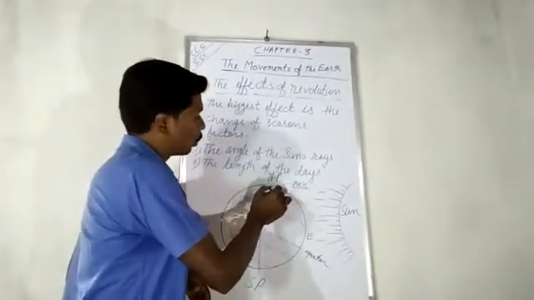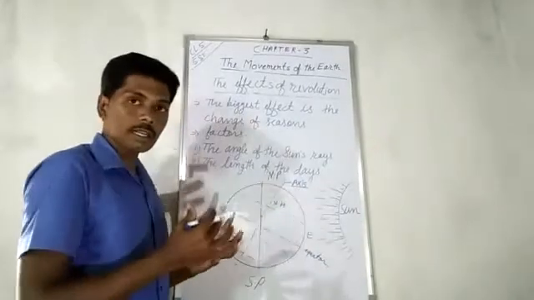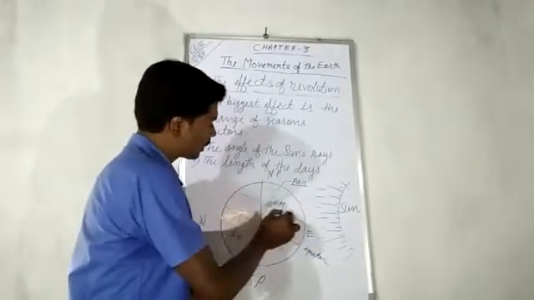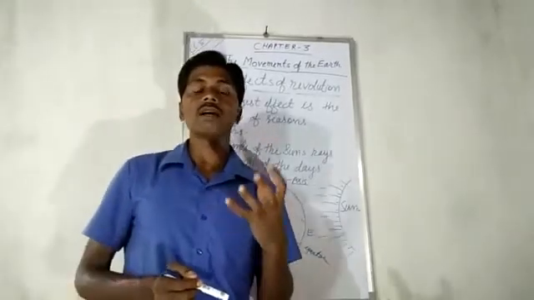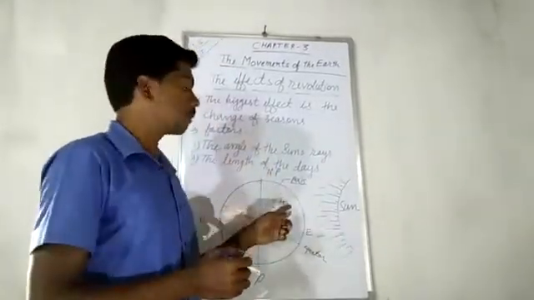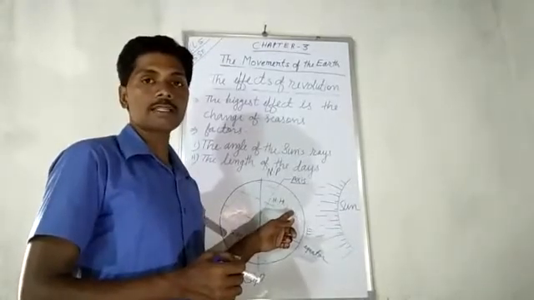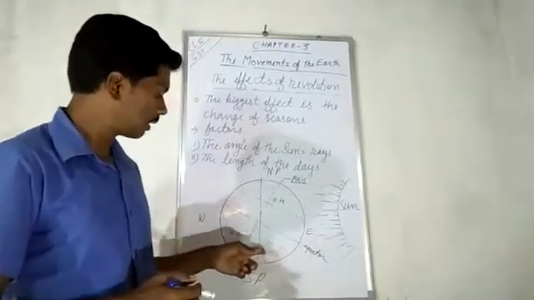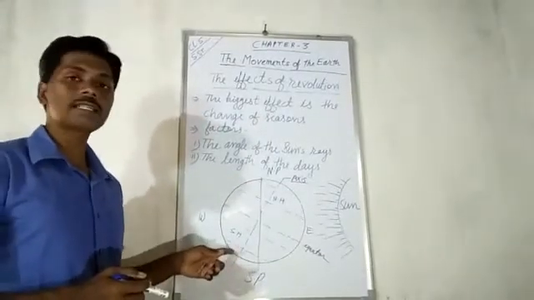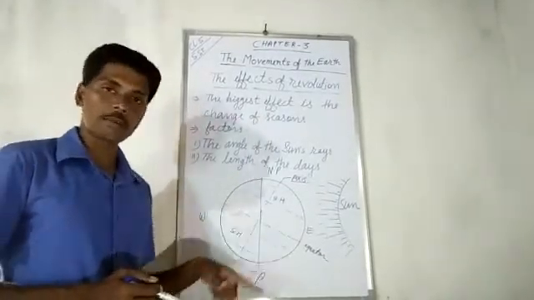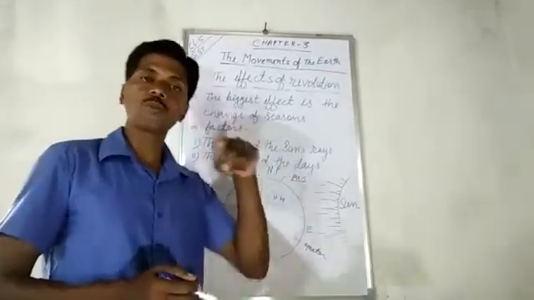This is the axis, so the axis is tilted. So the North Pole receives more sunlight. That means the northern hemisphere receives more sunlight and experiences summer. On the other hand, the South Pole receives less sunlight and experiences winter. Okay, this is in the month of June.